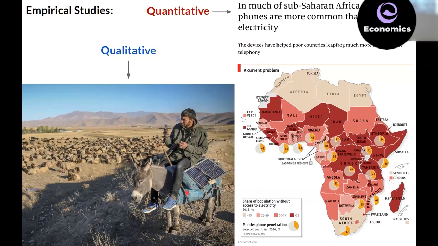So they use another, arguably more advanced, or at least later, technology to charge their phone. That's a phenomenon that, before looking at this photo, I did not know. So I learned something. My knowledge expanded as a consumer of someone else's research. That's qualitative research. It describes something.